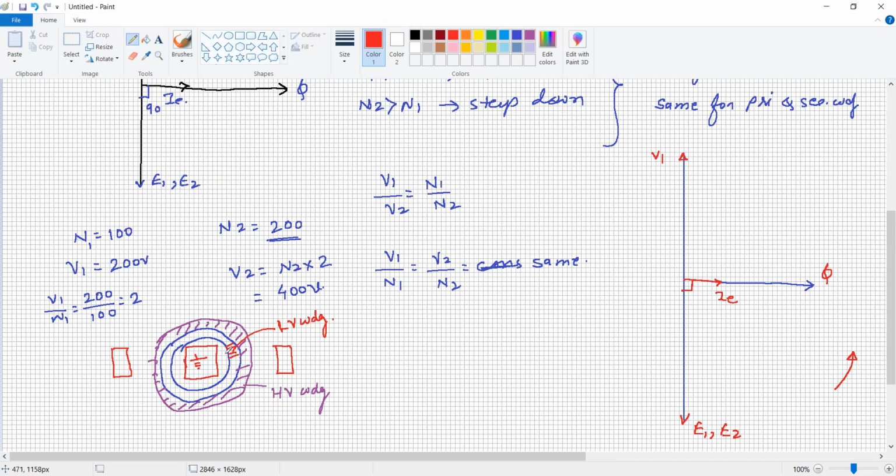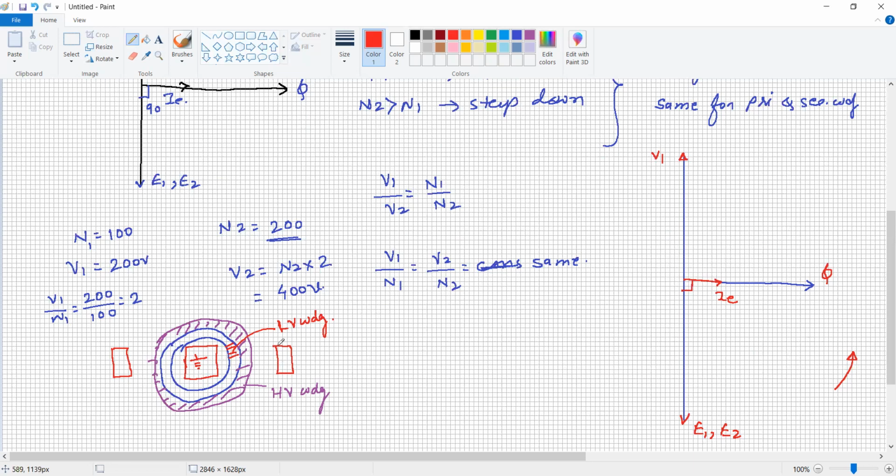Therefore, the insulation required between the zero potential core and the LV winding will be thinner. If you place the HV winding next to the core, the insulation required will be more, which will increase the mean diameter of the winding and the length of the conductor. So in practice, the first winding is always the LV winding, and the next winding is the HV winding for the shell type single phase transformer.